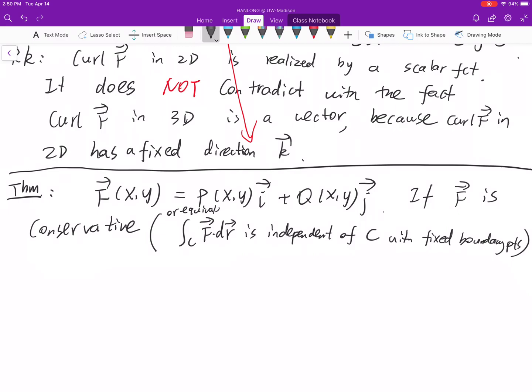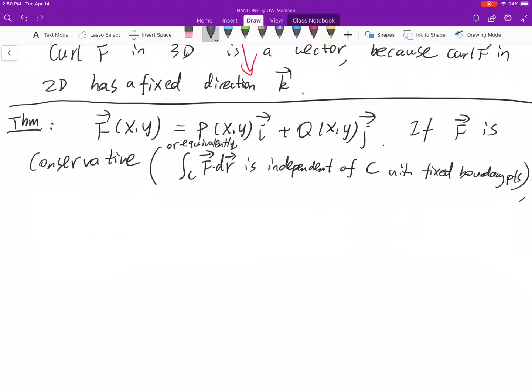Equivalently, we show that these two are equivalent. Then we must have this equality.